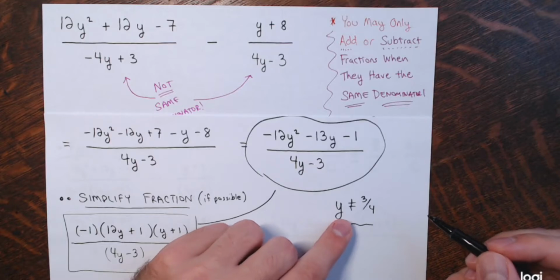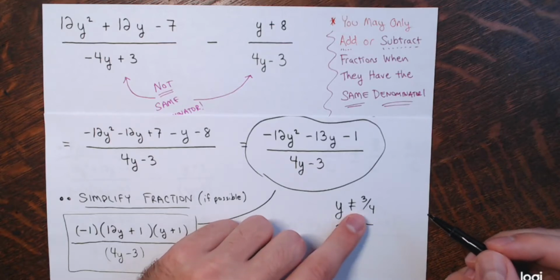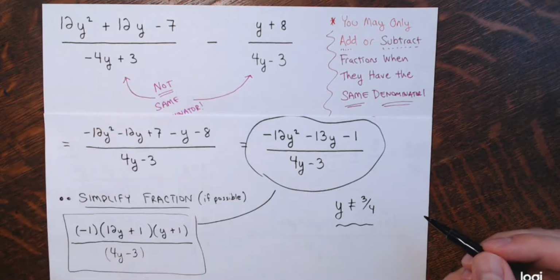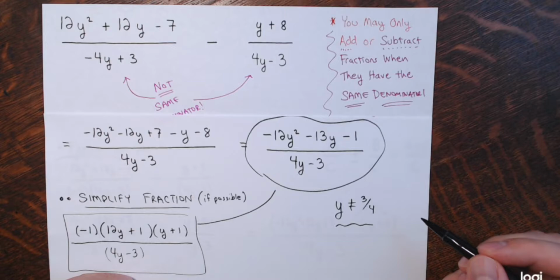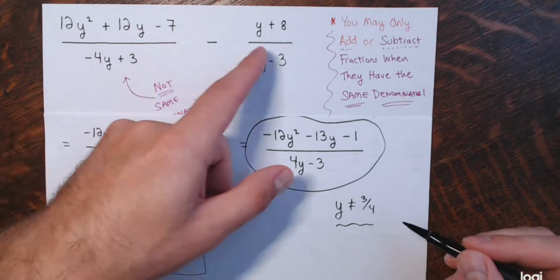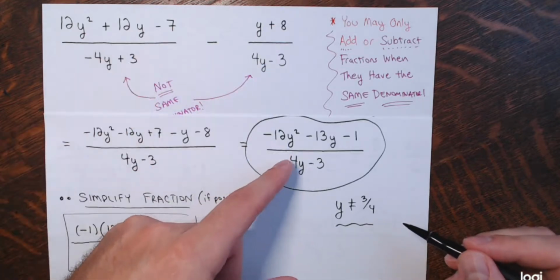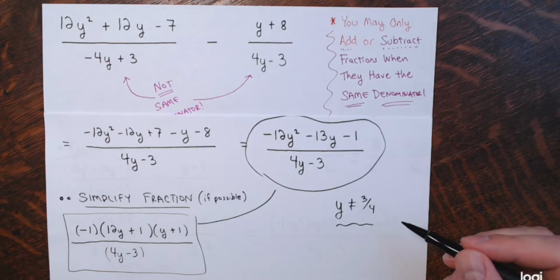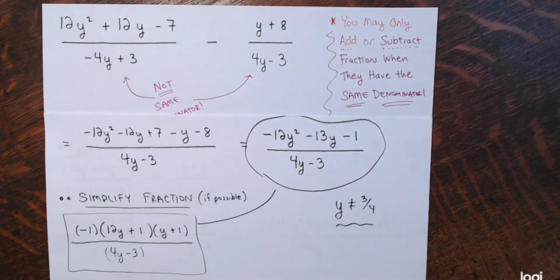Y can't be 3/4 because you'd be dividing by 0. You'd have denominators of 0 throughout the problem. But if you'd like to test it out, replace y with any number but 3/4, and the original difference should be exactly the same as this final fraction I got here. And I leave it to you to test different values of y if you want.